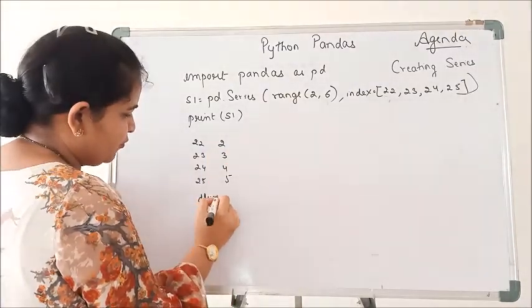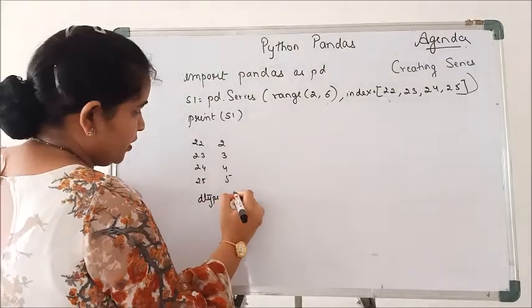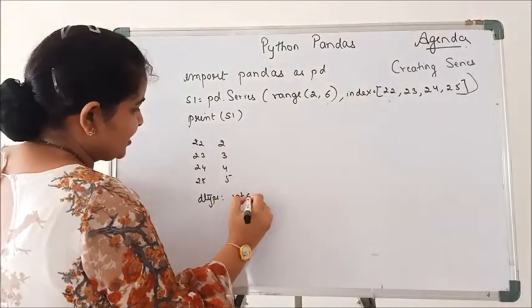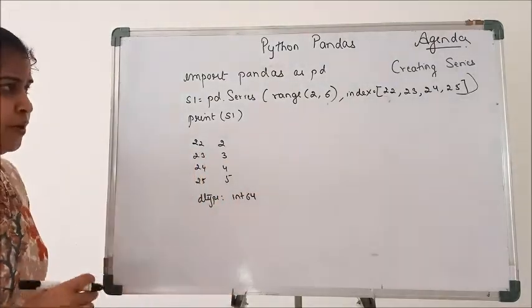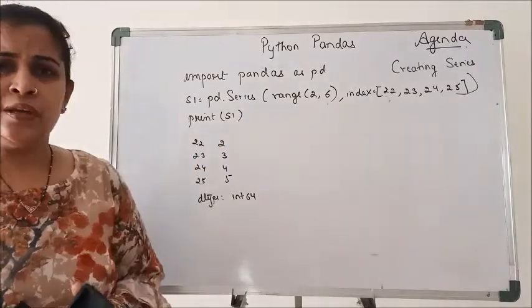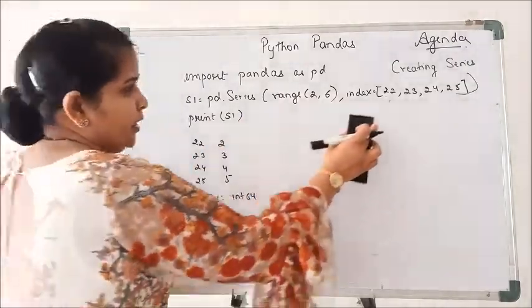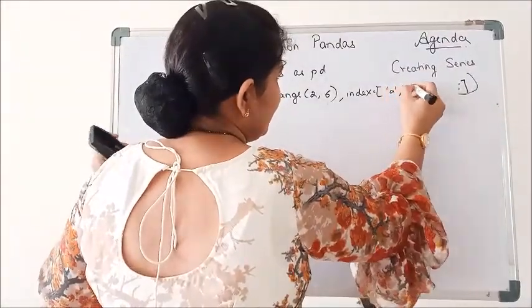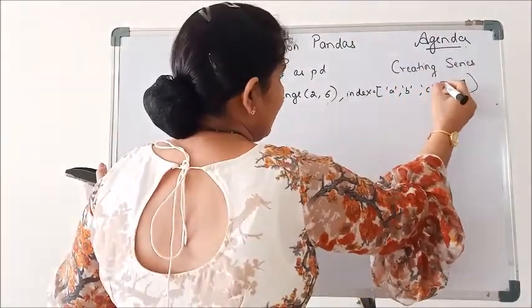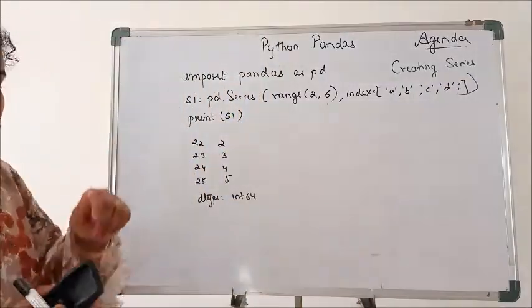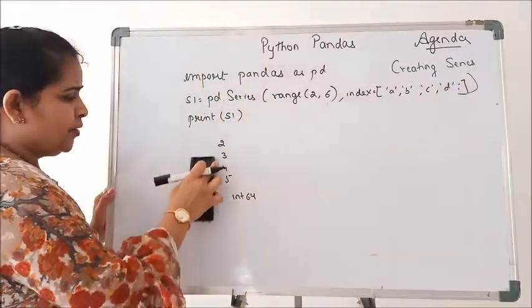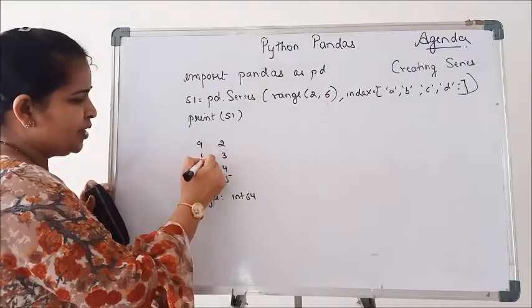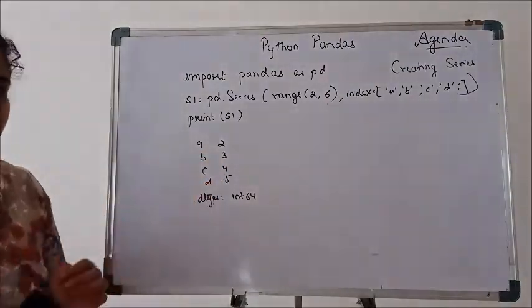The dtype will be int64. If you want, you can give string values in the index also. Here I can give A, B, C and D. As it is a string, you have to use inverted commas. Here A, B, C, D will be printed.